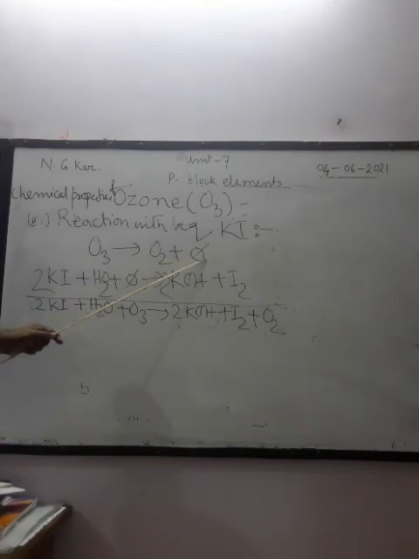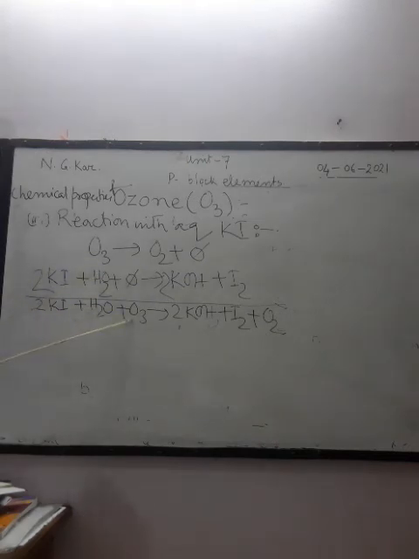Then atomic oxygen reacts with aqueous potassium iodide, converting it into potassium hydroxide and iodine. If we balance this reaction, 2 I, then also 2 I, 2 K, 2 K, 2 hydrogen, 2 hydrogen, 2 oxygen, 2 oxygen. If we sum up both reactions: 2 KI, H2O, O3.